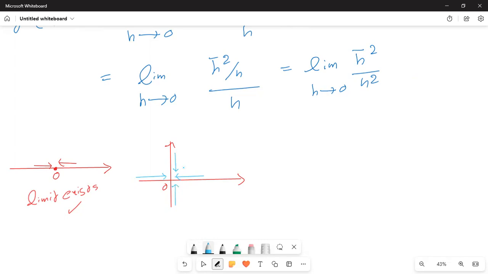Not only that, you can come along these sides too, and also these sides. So there are infinitely many ways to approach the limit at a point in the complex plane. Therefore, it is practically impossible to calculate all the limits. If all the paths lead to the same value, we say the limit exists, but it is practically impossible to calculate all these values.